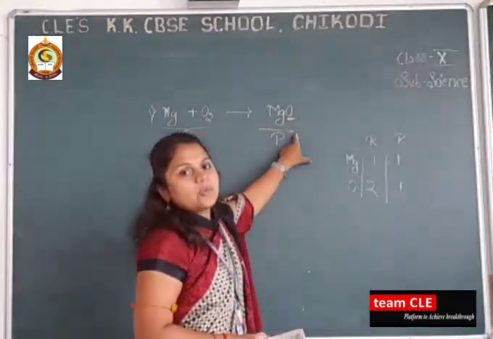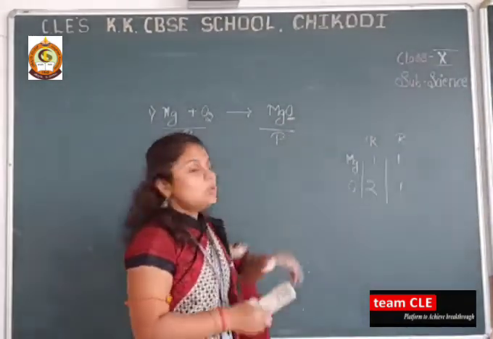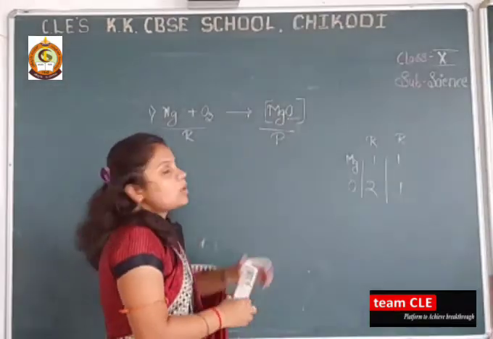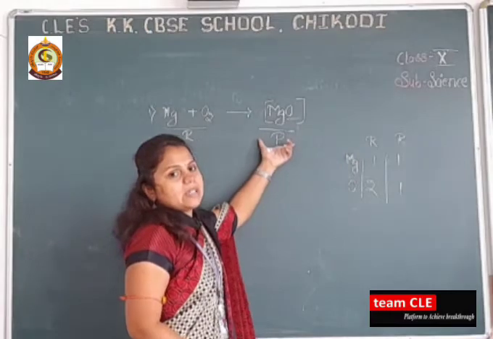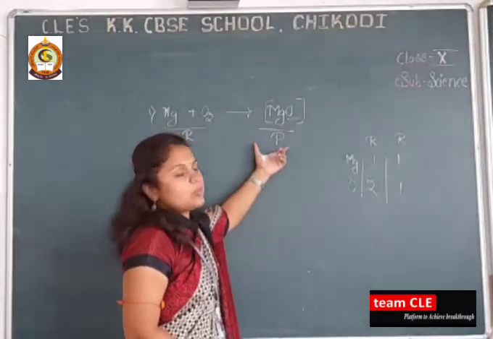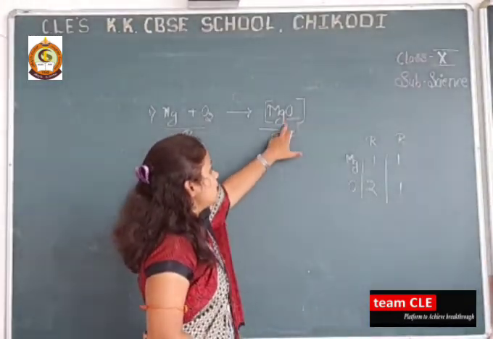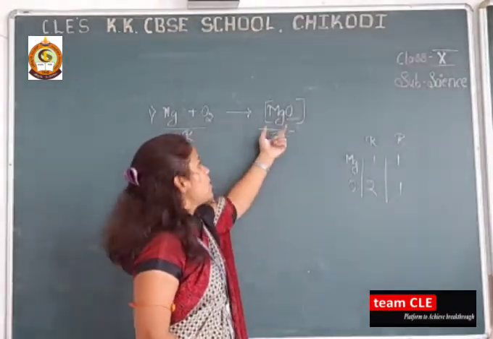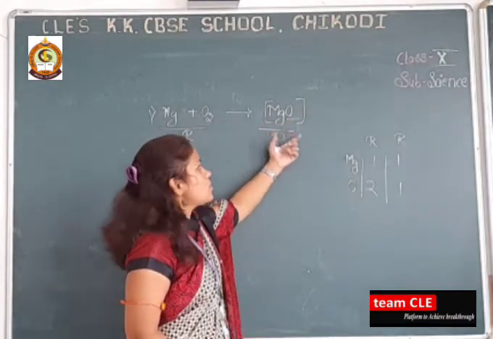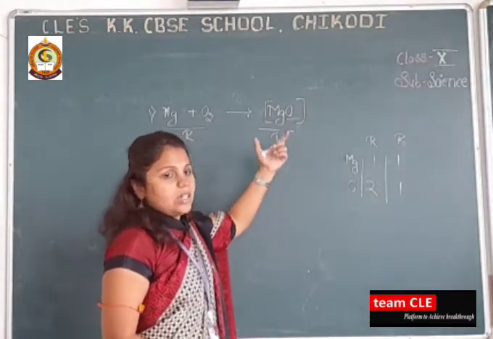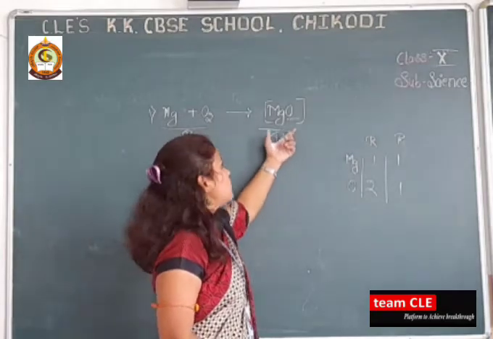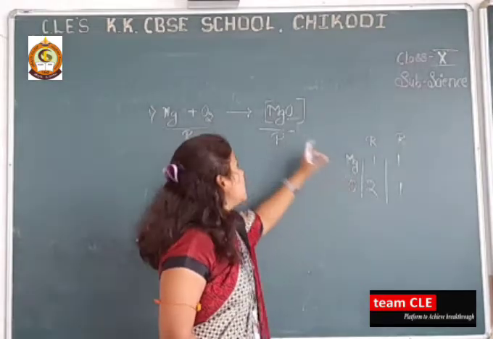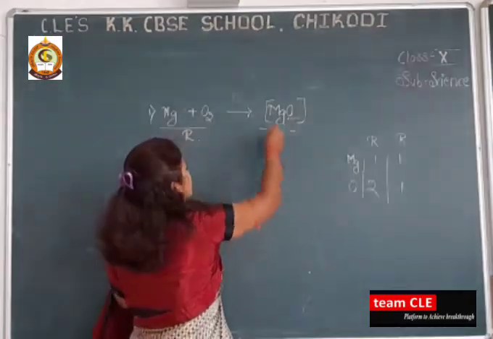No, we have to multiply 2 for the whole product, otherwise our equation will be wrong here. For getting the number two we have to multiply the whole product, because the oxide contains magnesium and oxygen bonded, so we cannot break the bonds between the magnesium and the oxygen. That's why we have to multiply this product form by 2.